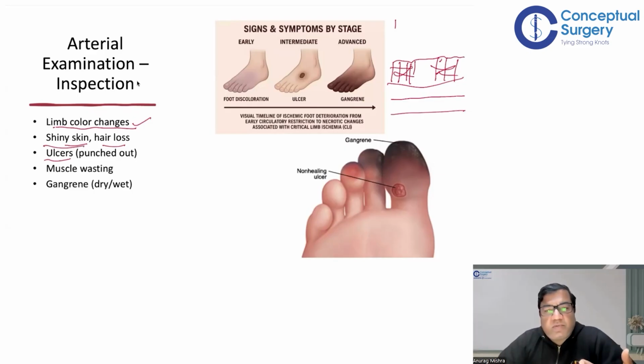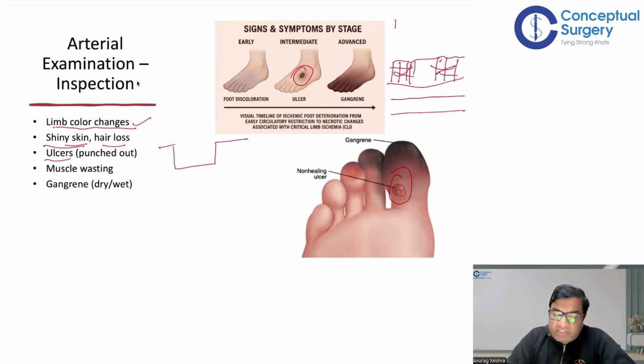If the ischemia progresses, we get something like an ulcer. If you can see here, an ulcer is very typical, and I'll try to revise the ulcer here. Now I know most of you may know what an ulcer is. Whenever there's a mismatch between, let's say, ischemia and the growth of the cells, a part of the tissue is lost, is sloughed off, and it leads to formation of an ulcer.